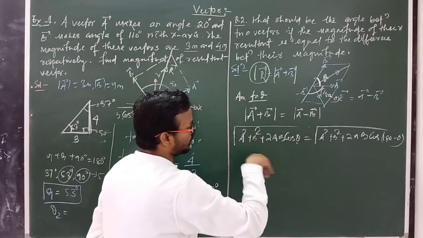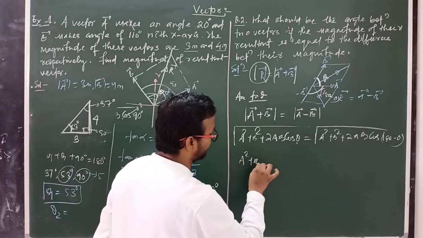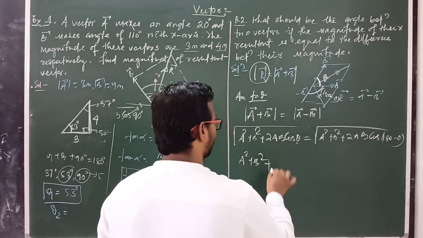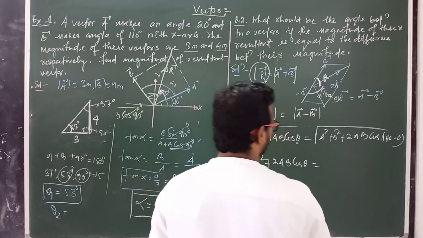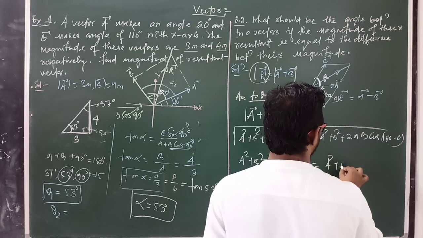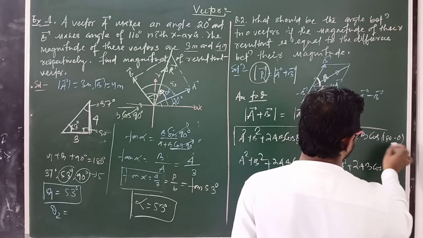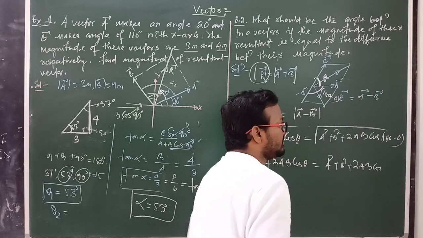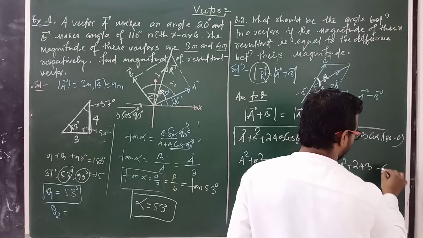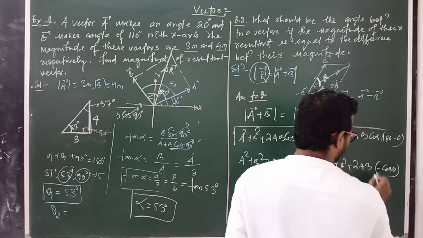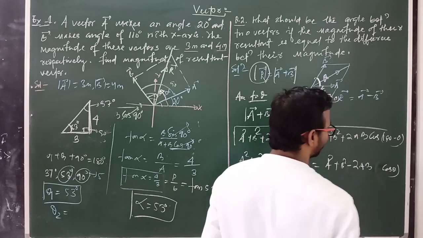If we square both sides, the square root will be cancelled, and the remaining part we can write as a square plus b square plus 2ab cos theta equal to a square plus b square plus 2ab cos of (180 minus theta). We already know this value is minus cos theta, so the term will be minus, clear.